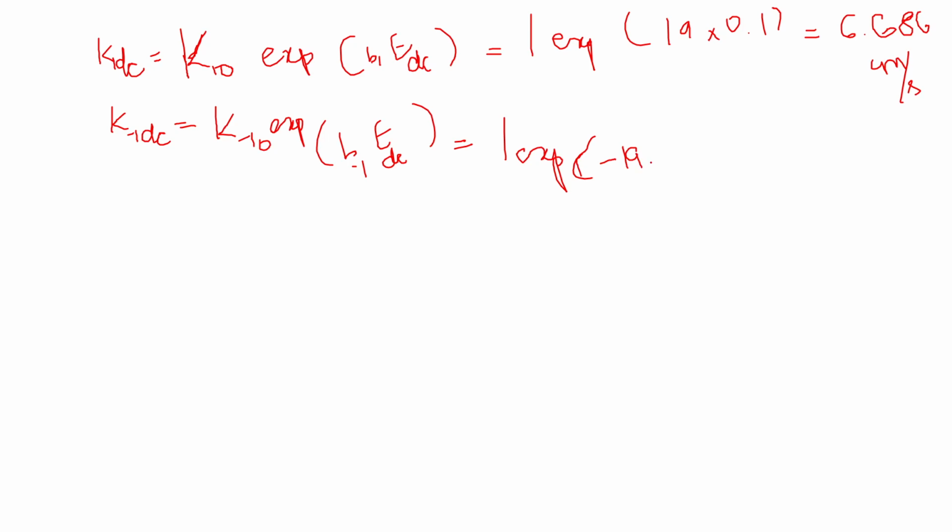So B minus 1 is minus 19 into 0.1. So yeah, you got K1 DC, K minus 1 DC.